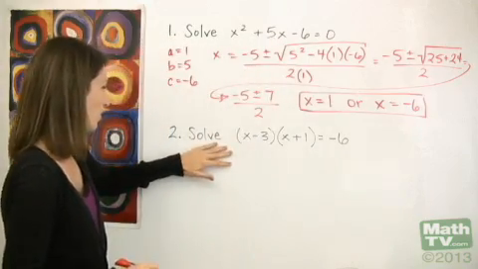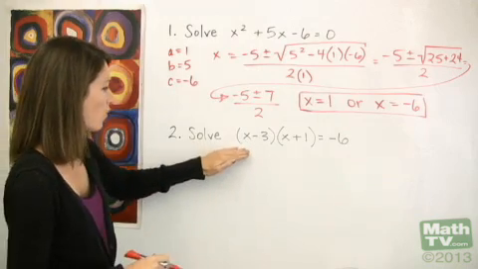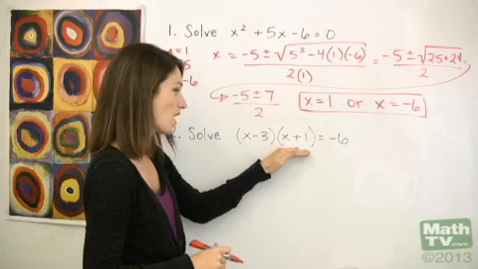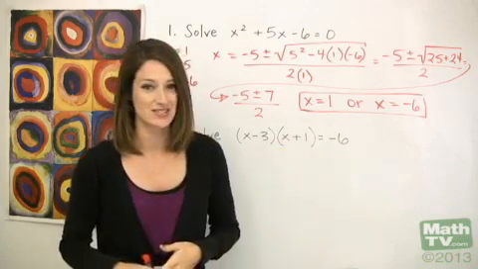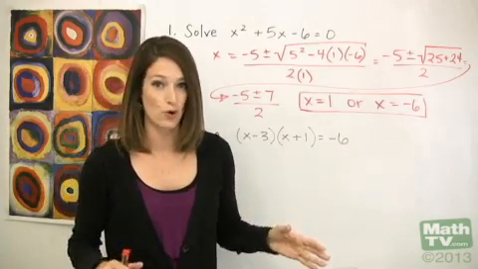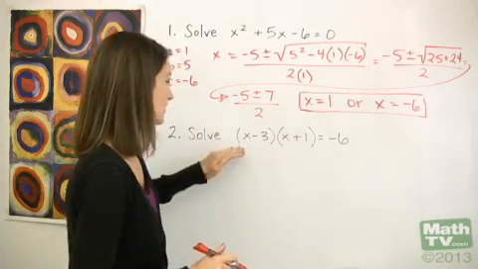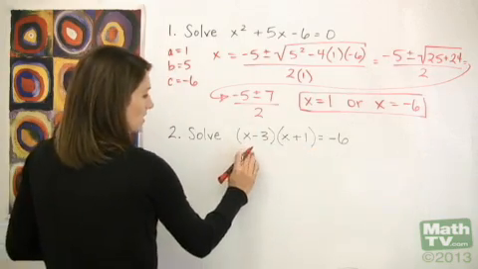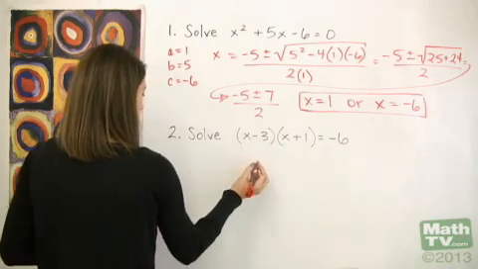Let's try this next problem. It says solve the quantity x minus 3 times the quantity x plus 1, which is set equal to negative 6. Now at first glance, this equation is not in standard form for quadratic equations, so let's see if we can work on this a little bit to get it into our standard form. So let's multiply these two binomials.